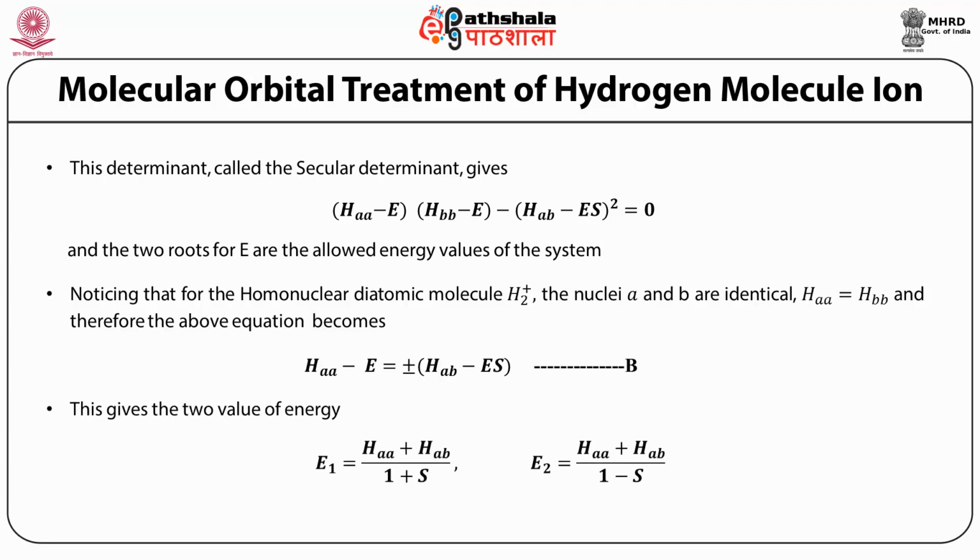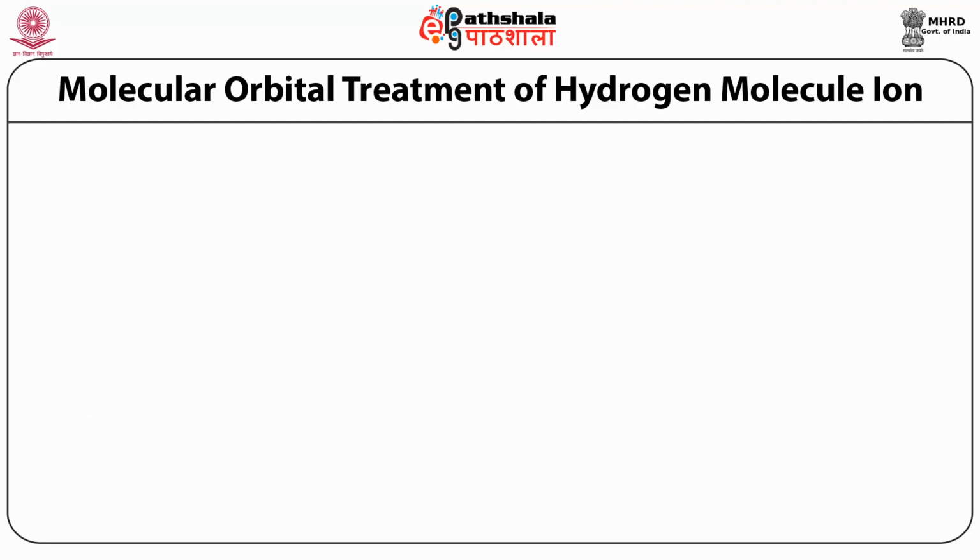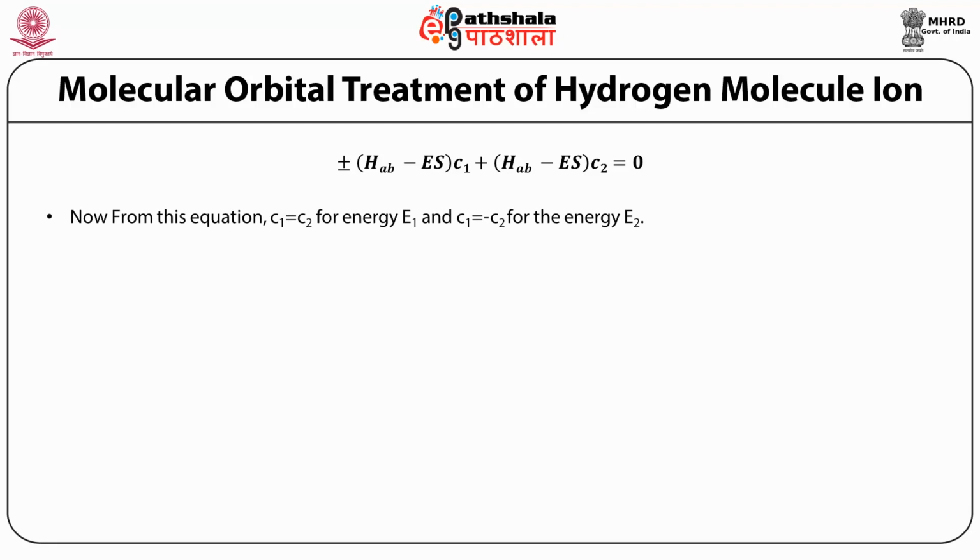One is E1 equal to (HAA plus HAB) upon (1 plus S), and E2 is equal to (HAA minus HAB) upon (1 minus S). Combining these two equations, plus or minus (HAB minus ES) C1 plus (HAB minus ES) C2 is equal to 0. And now from this equation, C1 is equal to C2 for energy E1 and C1 is equal to minus C2 for energy E2.